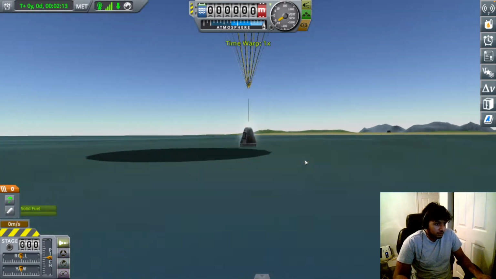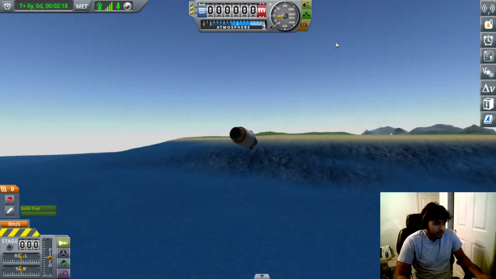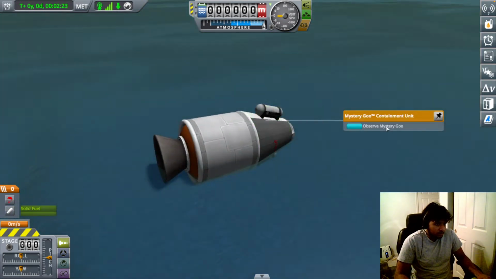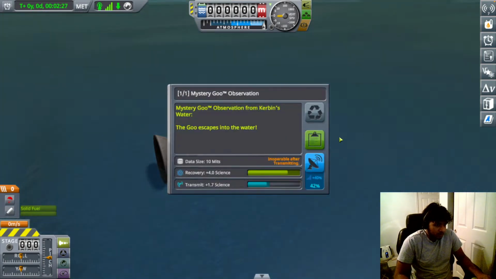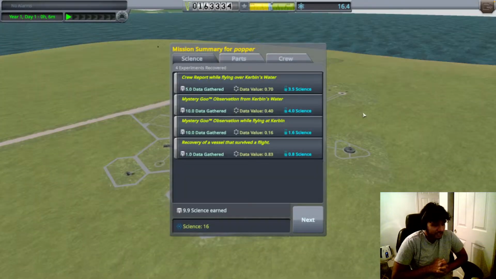And we have splashed the vessel. Oops, we'll do another observe mystery goo. Keep the experiment and recover the vessel. There we go. More science. Love playing KSP, guys.